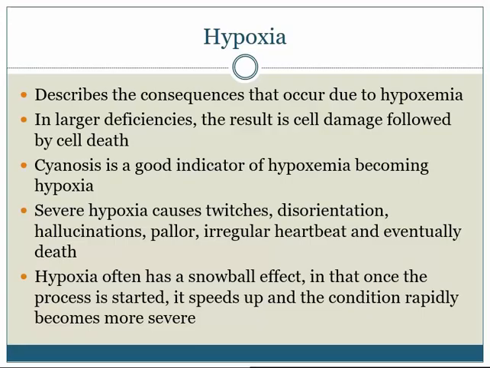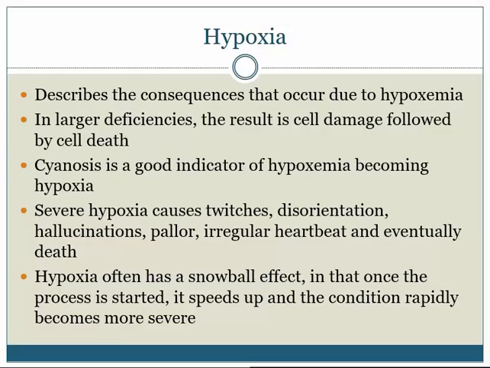So again, hypoxia is what occurs in response to hypoxemia, or low SpO2 levels. And when it becomes great enough or severe enough, you will start to see cellular damage and then cellular death. Cyanosis is a good indicator that the patient is experiencing hypoxia.